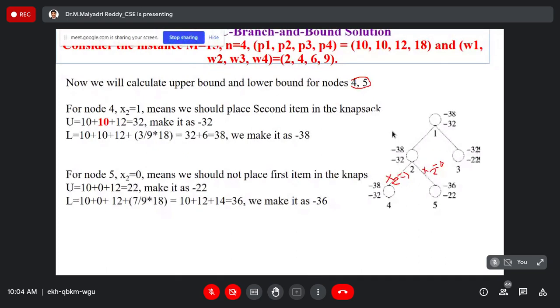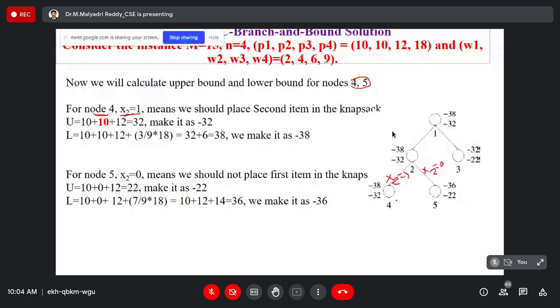So the boundary functions for node 4. Suppose now 4 and 5 are the 2 live nodes, right?